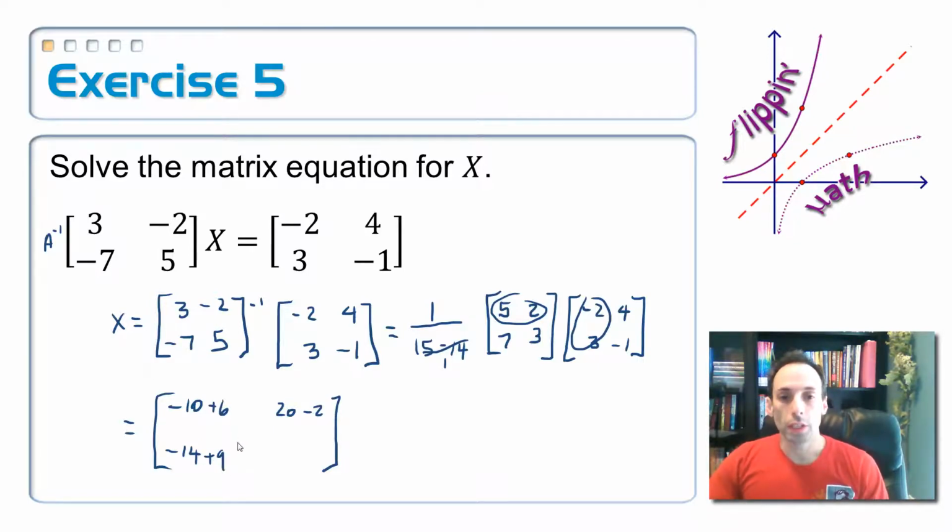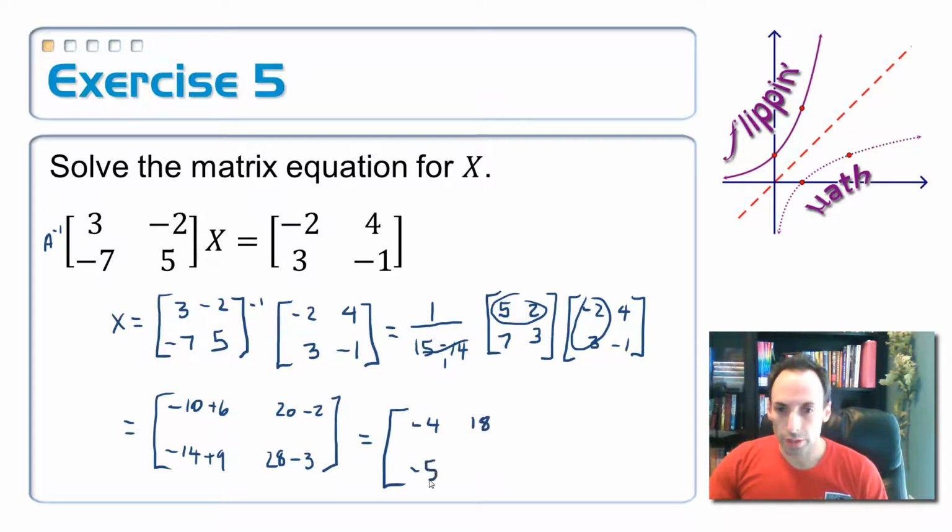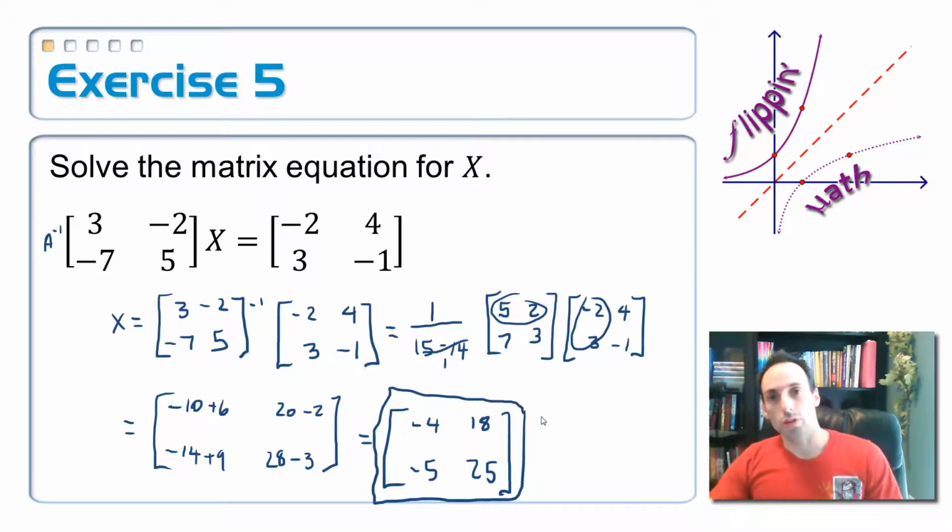And finally, the last row, last column, 7 times 4 is 28, and 3 times negative 1 is minus 3. So our final answer is negative 4, 18, negative 5, and 25. There we go. We have just solved our first matrix equation.